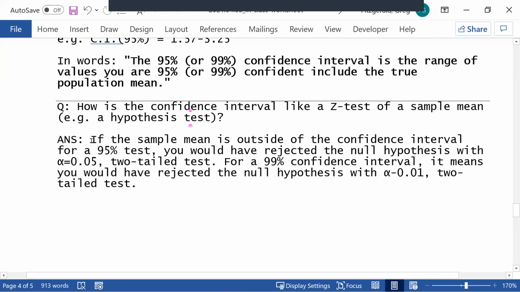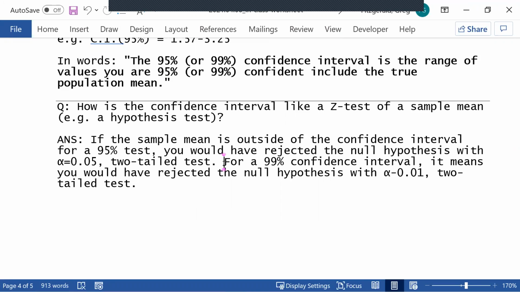And the interpretation of a problem with a confidence interval calculation, assuming it's always a two-tailed test, so we can't necessarily do it here, but if you do a two-tailed test for an alpha value of 0.01, if you do the confidence interval of that sample mean with that standard error of the mean, and you find that the sample mean falls outside of the range of the confidence interval, that is always equivalent to saying that if you did a z-test of the same sample mean against a null hypothesis with a certain mean of its own, you would reject the null hypothesis.